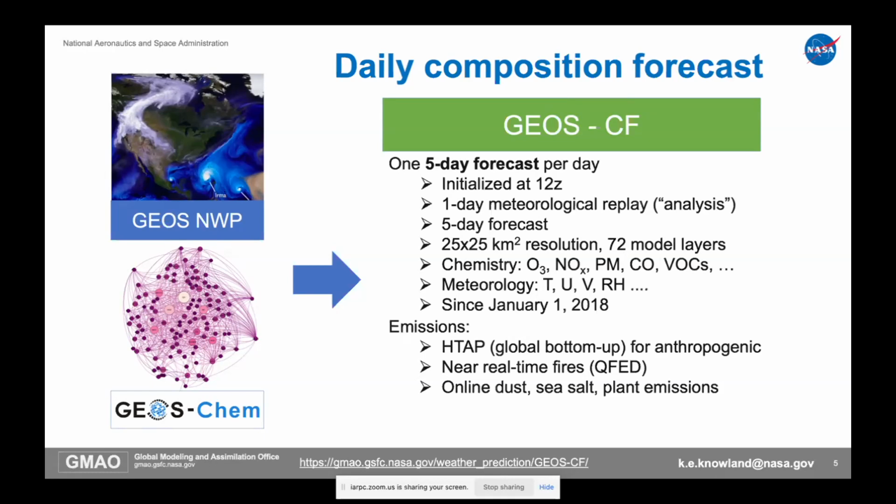And because each replay segment starts the next day's replay segment, we can actually stitch these all together for one continuous time series available to the public since January 1st, 2018. And so forecasts are available on archive to the public since January 1st of 2019.